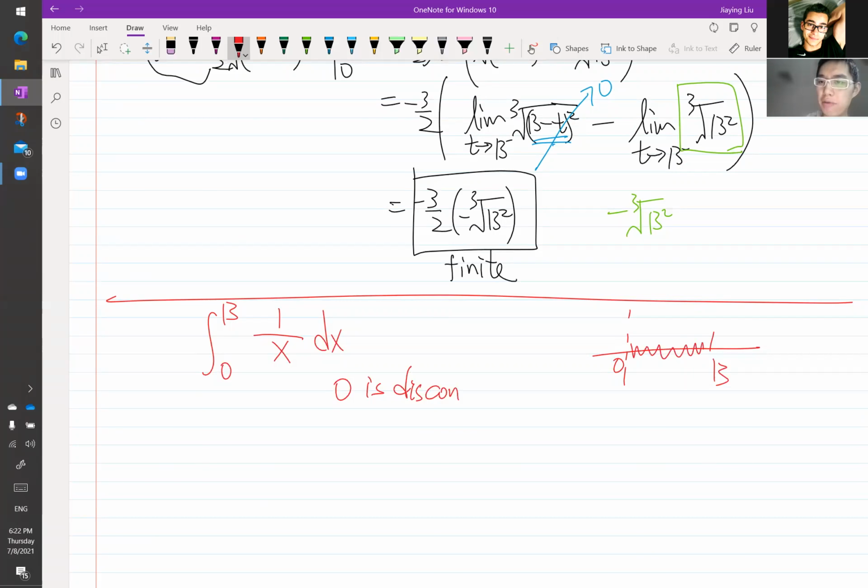This is the interval that we're integrating over. That's to the right side of 0. So the t has to be between them. So when you write down the limit, limit t approaching the discontinuity 0, it has to approach 0 from the right side because the interval we're looking at is to the right side of 0.